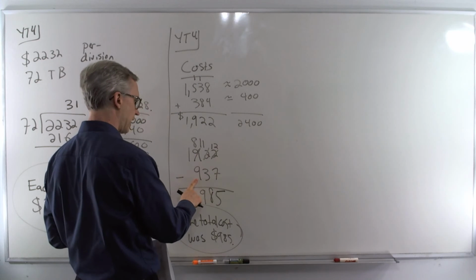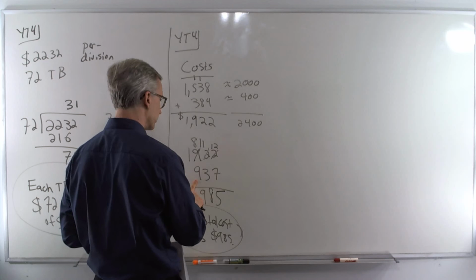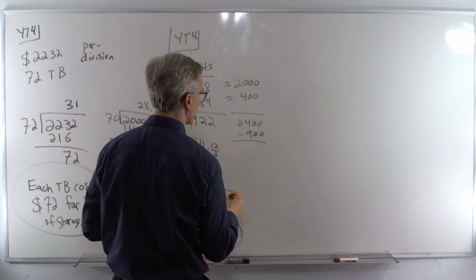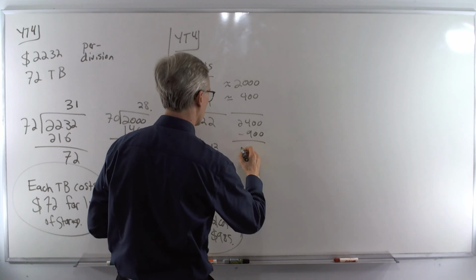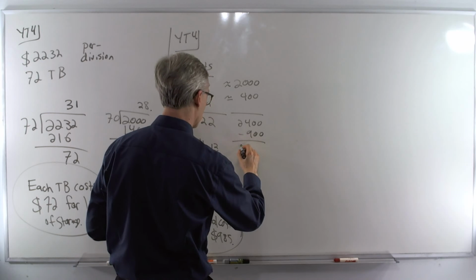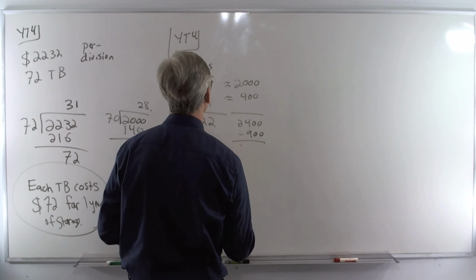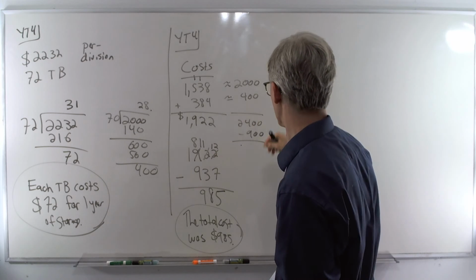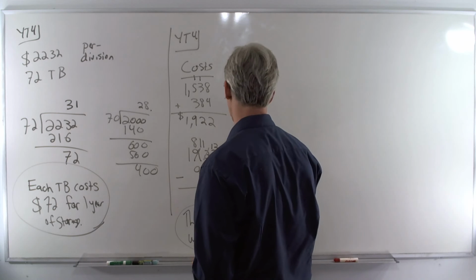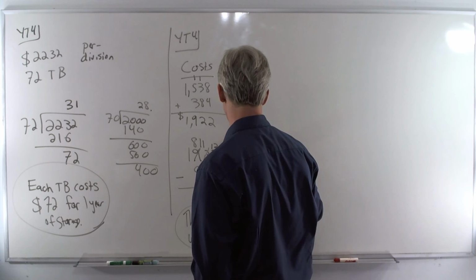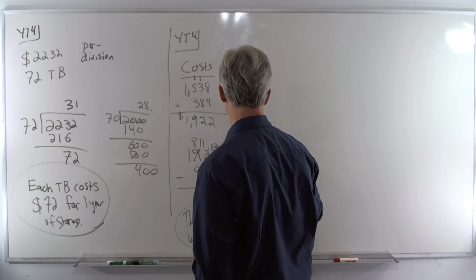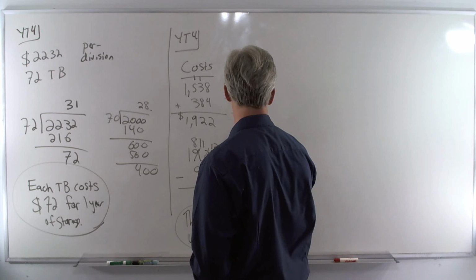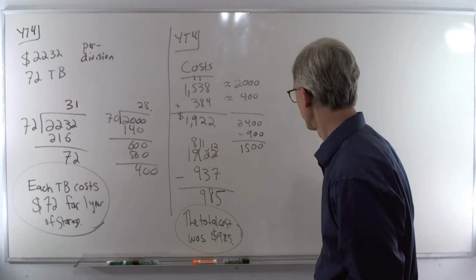Down here, 937 will round to 900. So subtract 900, that gives us 1,500.